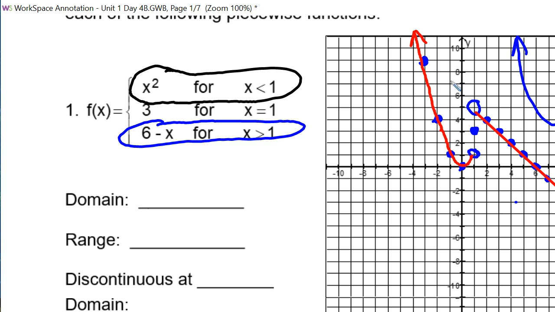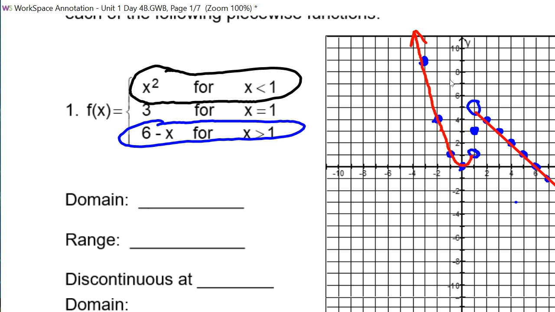Now when I picked up my pencil, I have to jump to that linear function. So this gap right here is actually called a jump. Now, these two open circles, back to your rational functions, what does it mean in your graph if you have open circles? It's not equal to, and what do we call them?